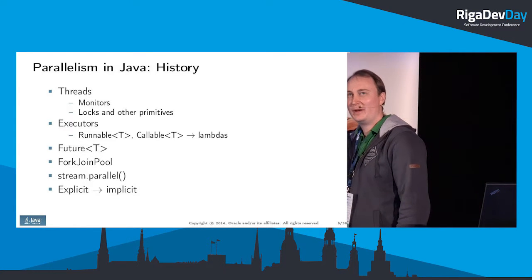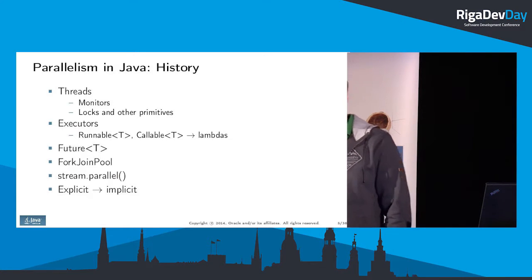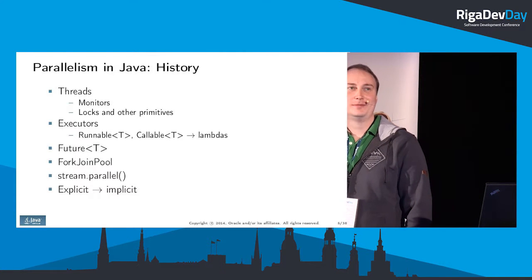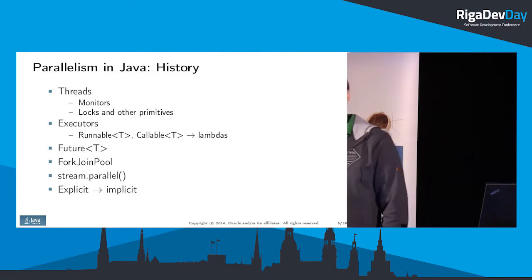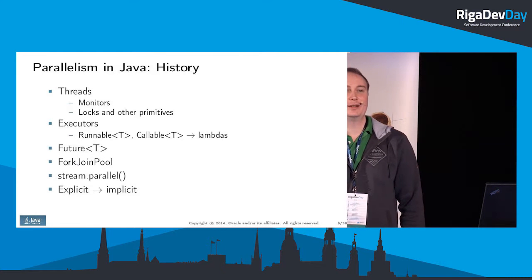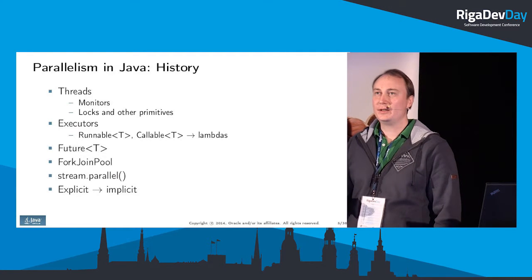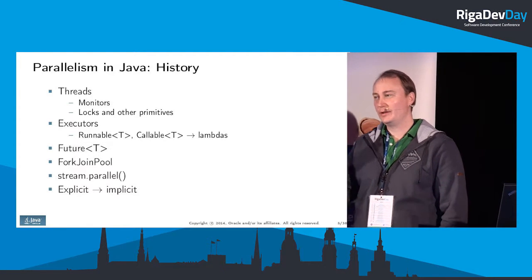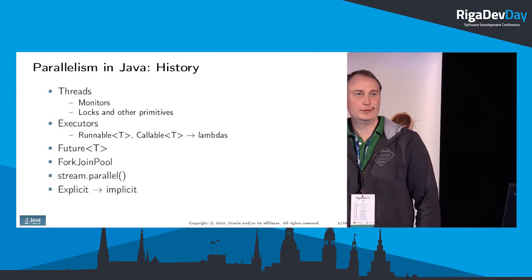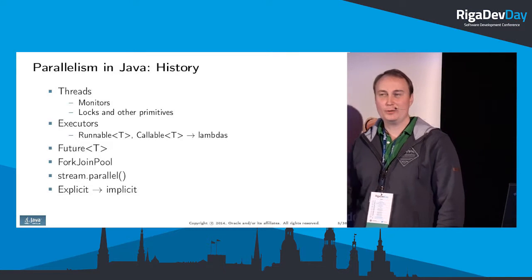So let's briefly remember what we had in Java 1. It was just a few concepts, basic representation for threads, and related primitives. So we had synchronized blocks, wait notify, and so on.